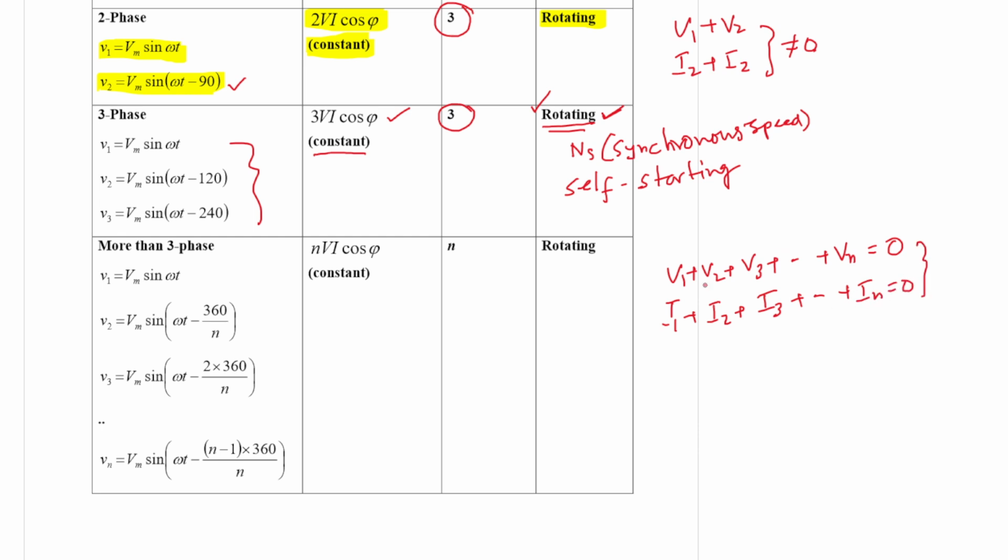So we do not require an additional conductor for the return path. We require n conductors for an n phase system. Power is n V I cos phi, that is also true. Power output is also constant, and the magnetic field is also rotating in nature, just like in the case of 3-phase supply.